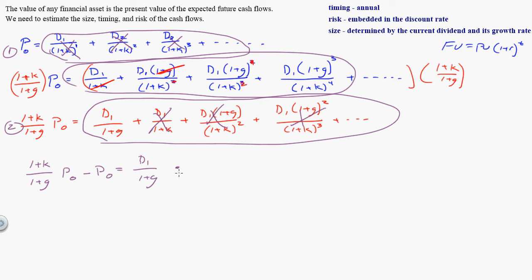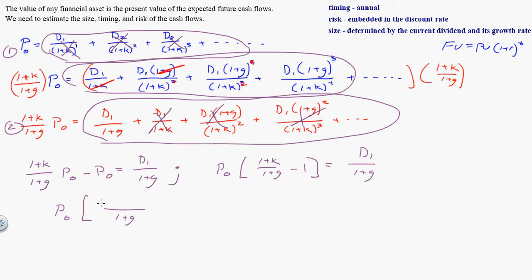Well, can I make that simpler? That's P0 times 1 plus K over 1 plus G minus 1 is equal to D1 over 1 plus G. We can make that simpler. So I'll come over here and do that. P0 times, let's put 1 plus G in the denominator.